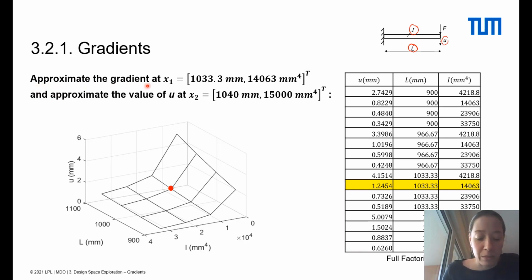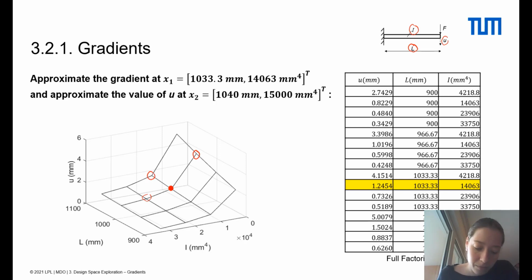First we have to approximate the gradient. So to approximate the gradient, we'll use central finite differences. For each of the design variables, we're going to look at this point, x1, and then we're going to look at the two neighboring points.